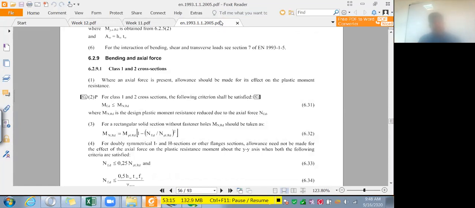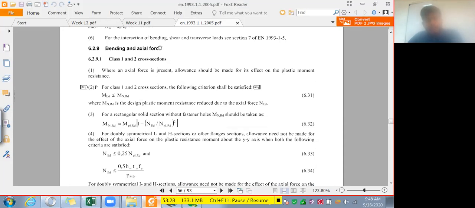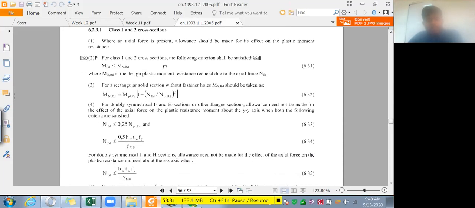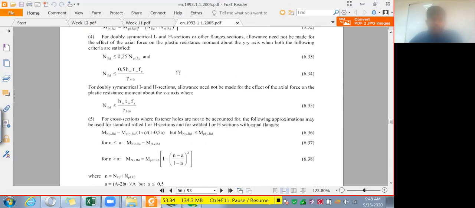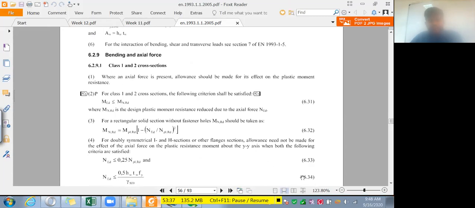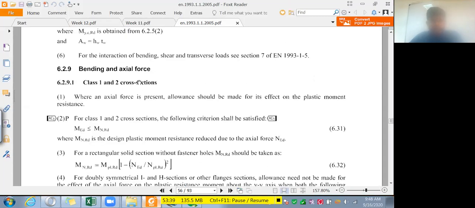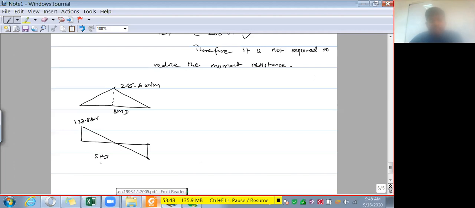Now, in members where you have bending and axial force occurring, you have to check the influence of them. For a class 1 and 2 cross section, in our problem here we don't have axial force, but in some cases you might have some axial force. In such a case we need to look at how to approach it.